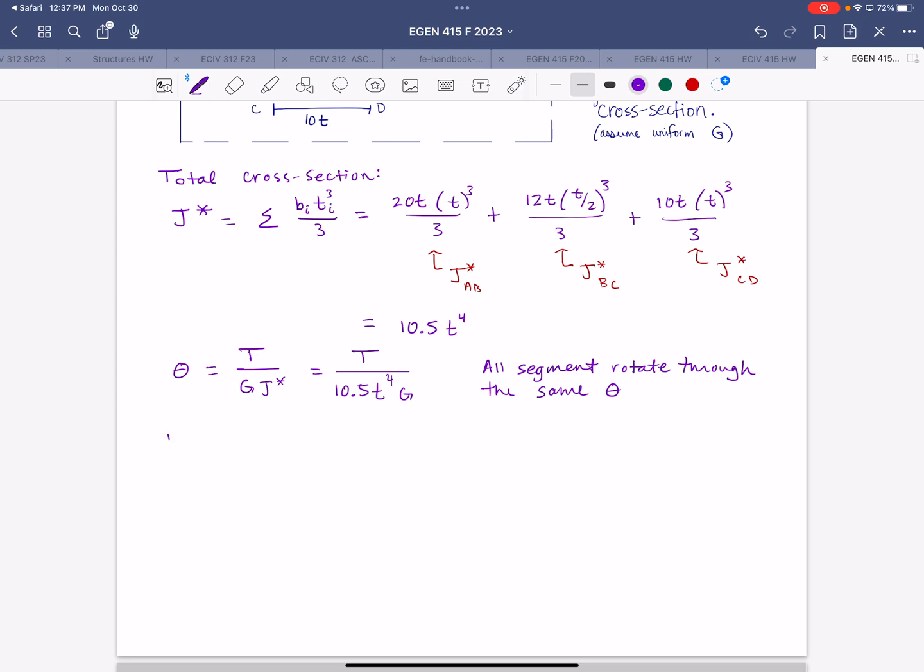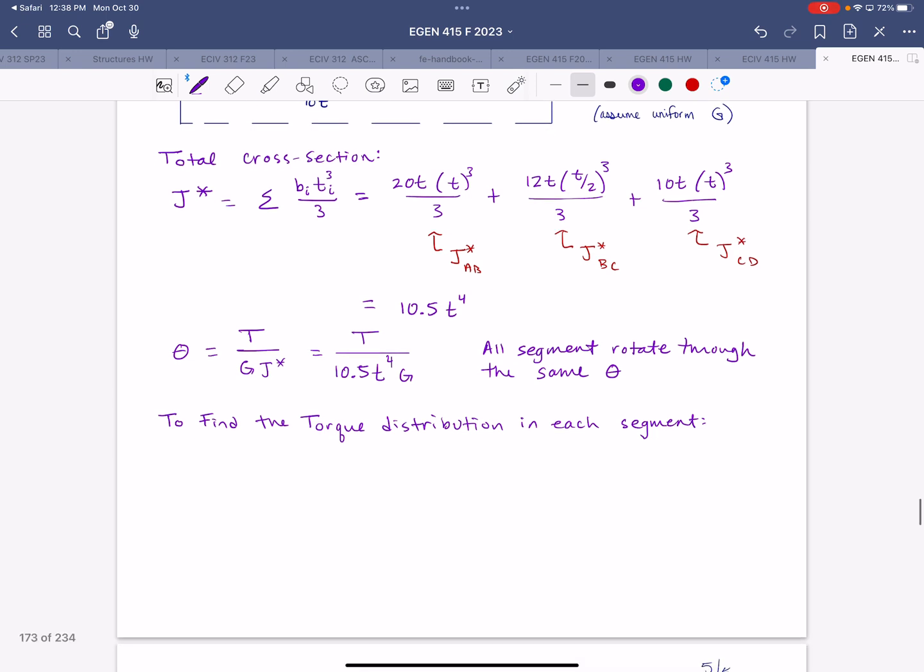So we'll start, let's say, to find the torque, with AB.